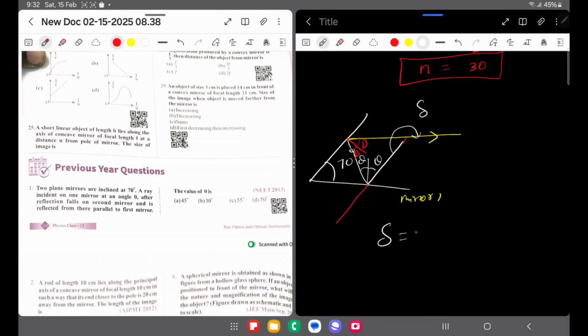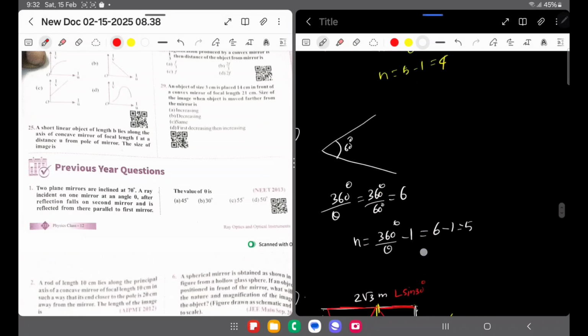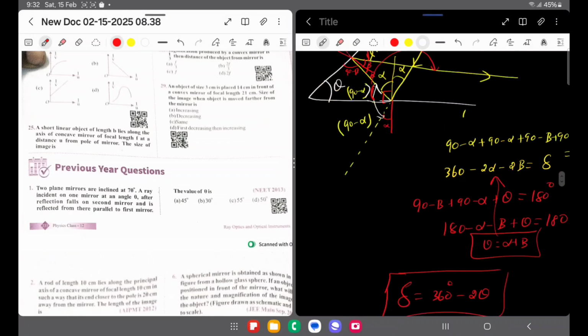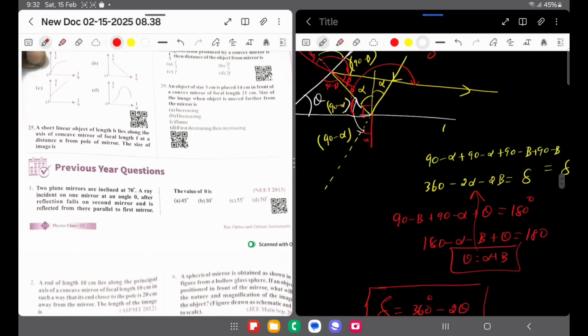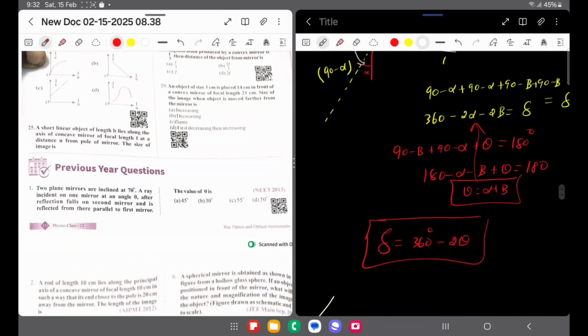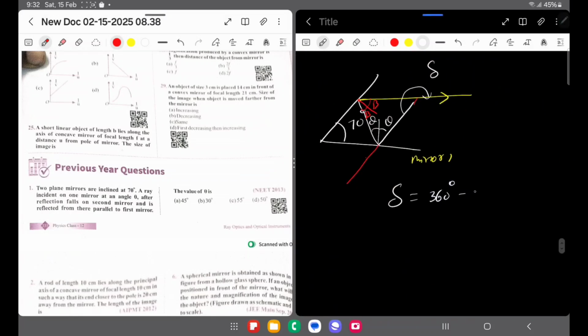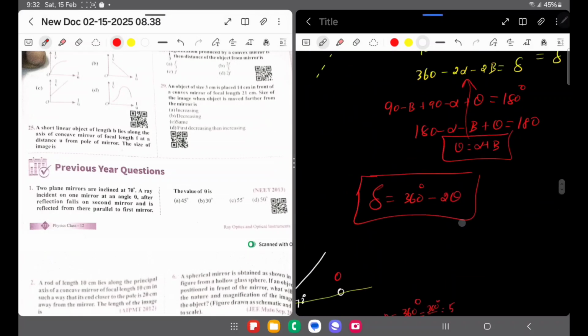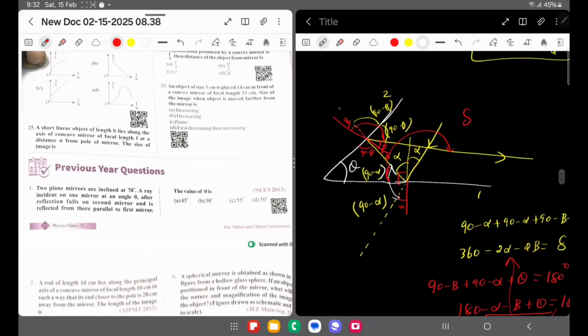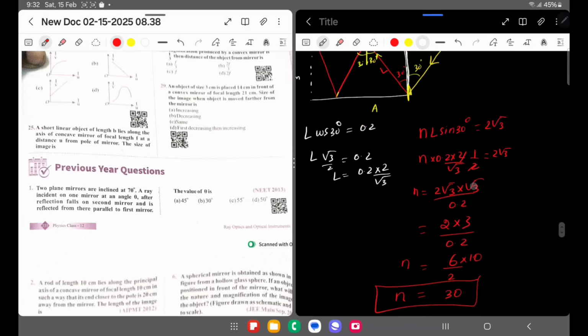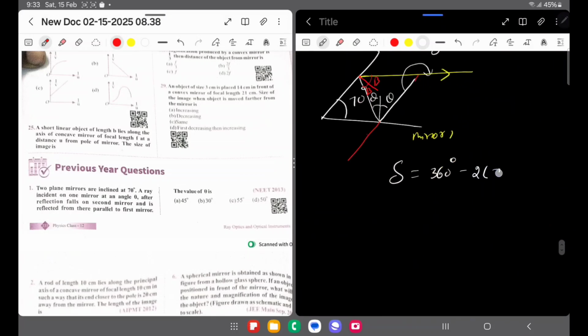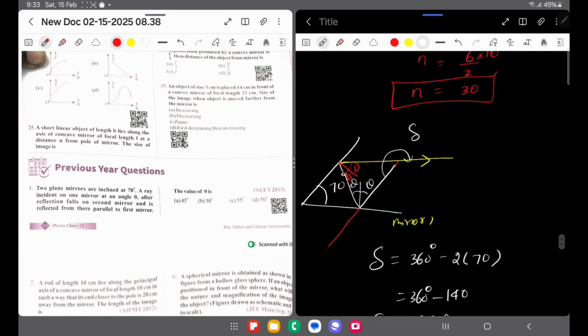The relationship is delta equal to 360 minus 2 theta. In that formula, theta is the angle between the two plane mirrors. So here theta is 70 degrees. So 2 into 70 is 140, and 360 minus 140 is 220. So the deviation angle is 220.